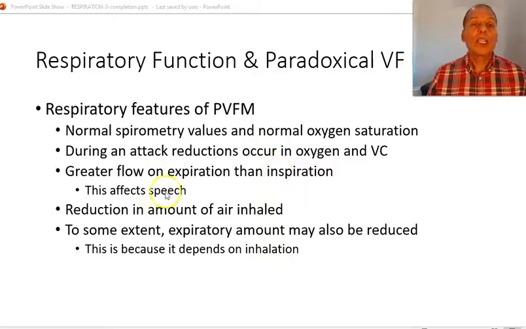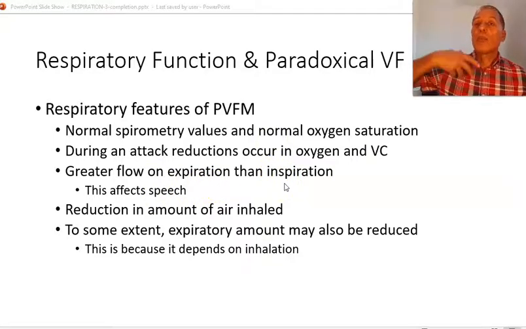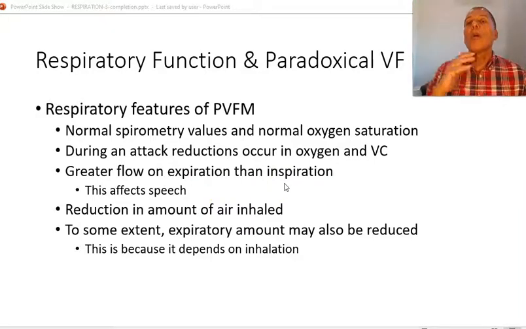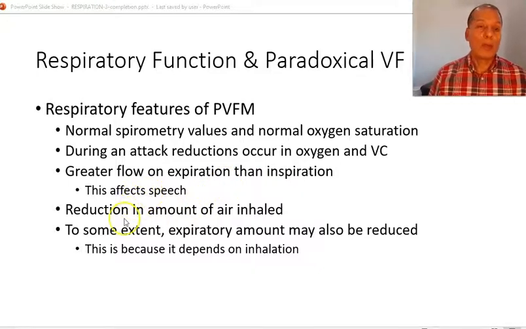And there's greater flow on expiration than inspiration. That means the person is going to run out of air quickly, and that means they will have to rely on more muscular force. And that will affect pressures and lung volume.